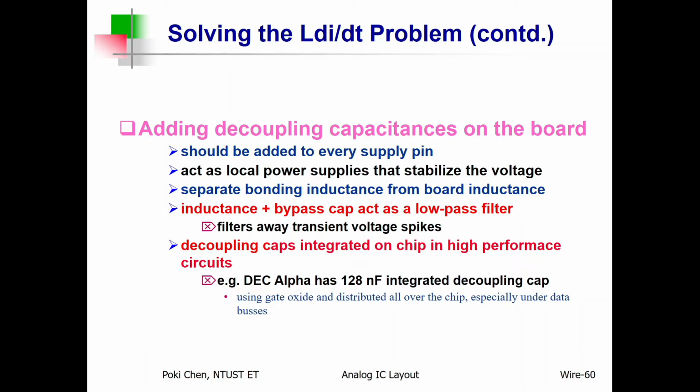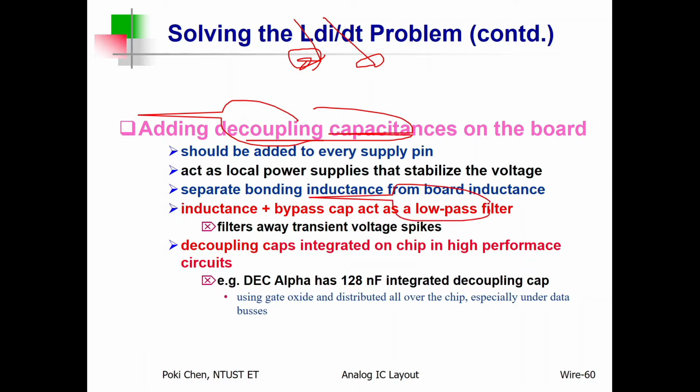If you try everything, parallel connection to reduce L, slowing down the rise or fall time for dI/dt, and it is still not enough, then you need to consider a decoupling capacitor between the VDD and the ground. Right? It looks like a second order low pass filter to help you stabilize the voltage.